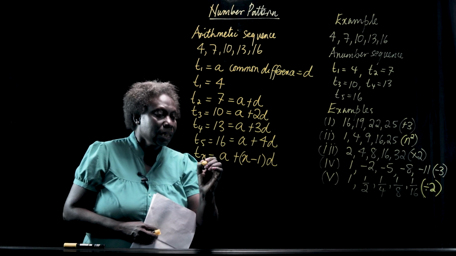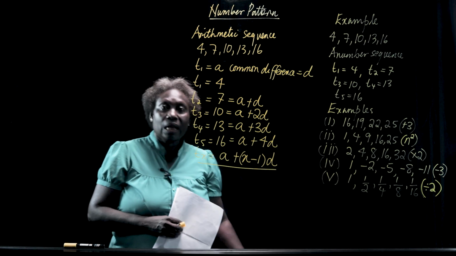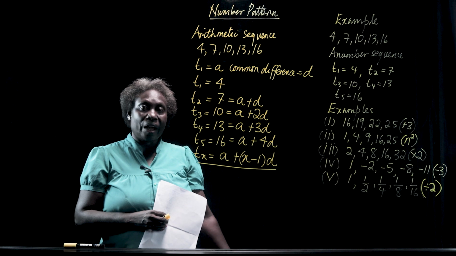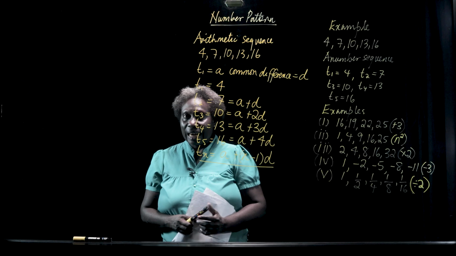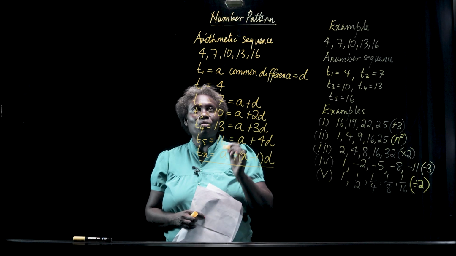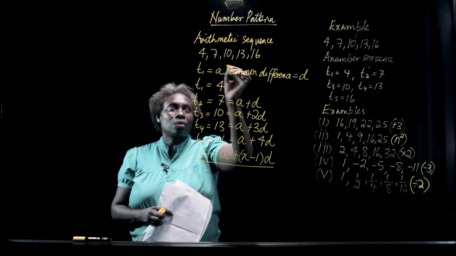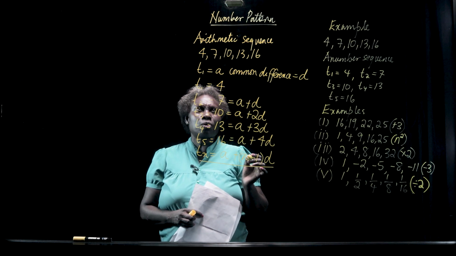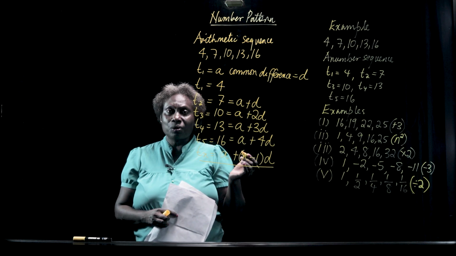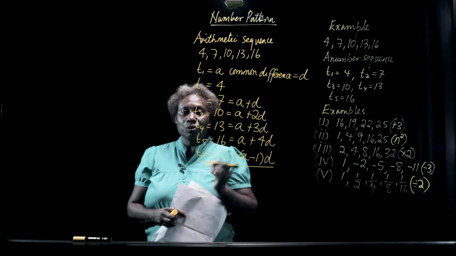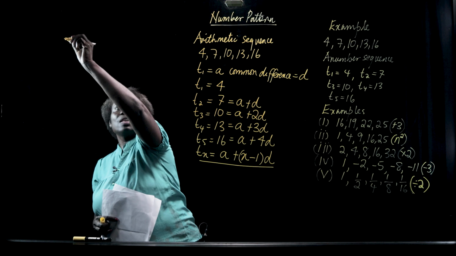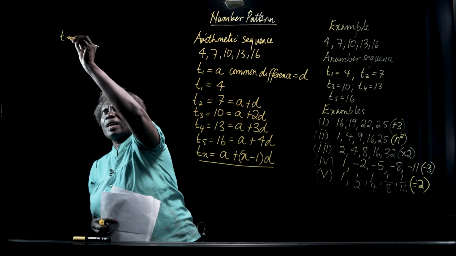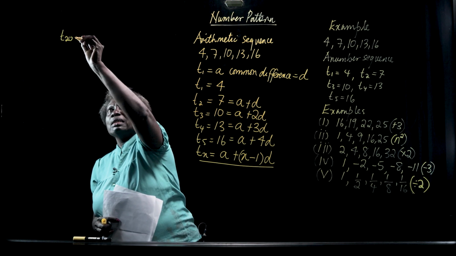So this now becomes our general formula to find the nth term, or the term that is not known in a number sequence. Let's find the 20th term of our number sequence, because it stops only at 5. We are going to use this formula to find the 20th term.